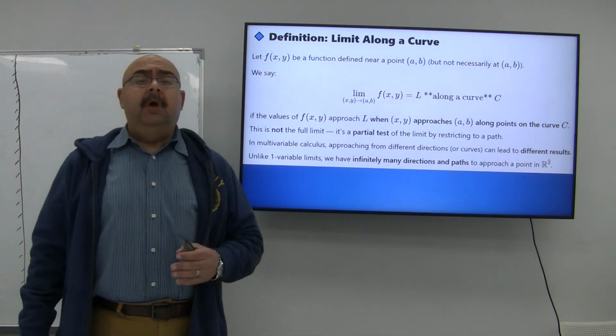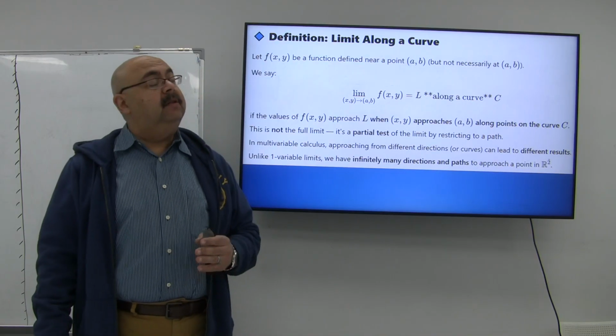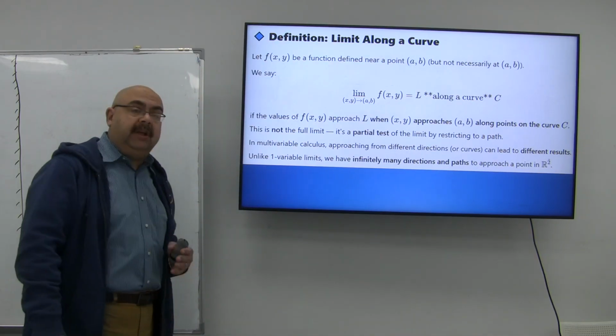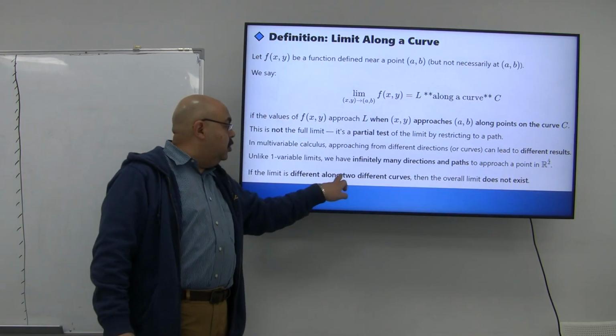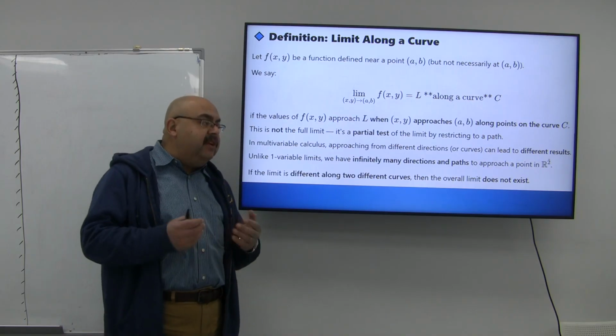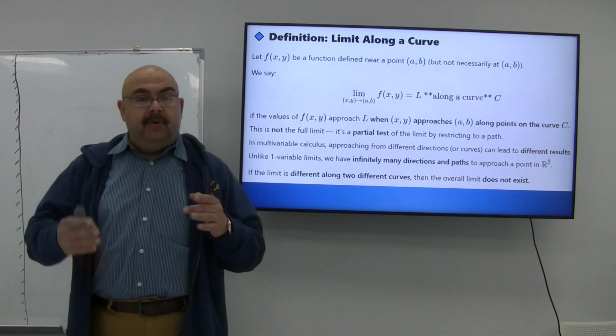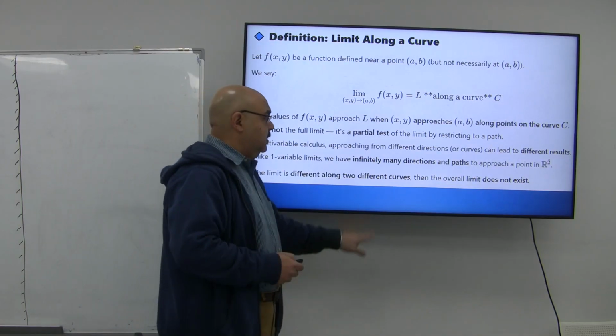You will have to try to go through most of the curves and this is not an easy task to do. Also, if you end up having different values for a limit through different curves, then the overall limit doesn't exist.